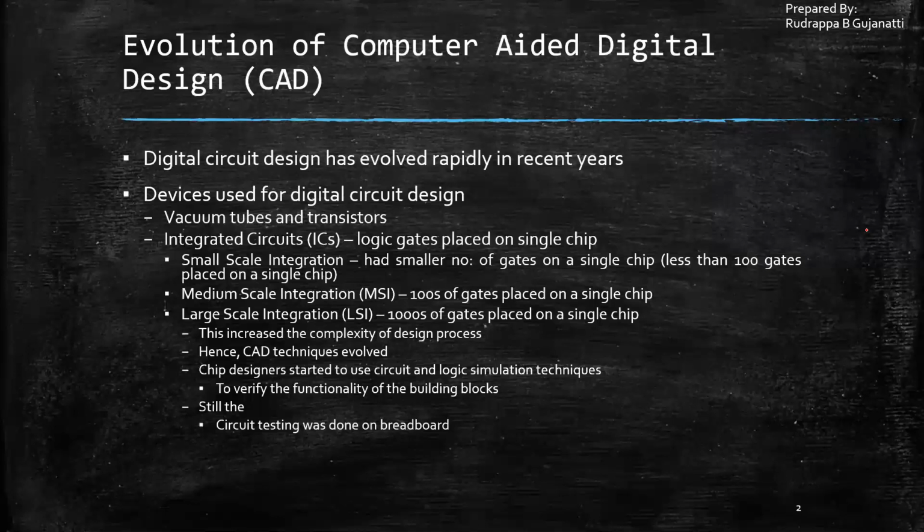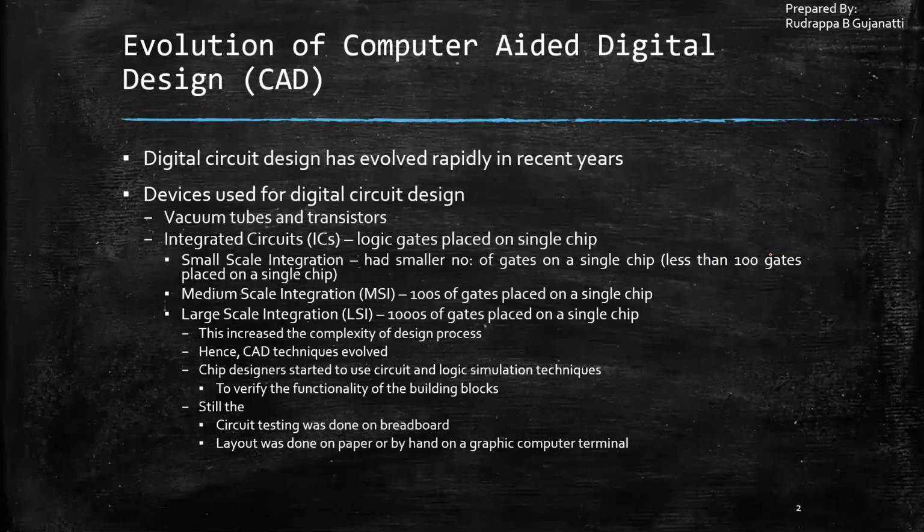Apart from this, we had large scale integration and very large scale integration. Another thing to consider in LSI is that the layout was done on paper and by hand in the graphic computer terminal.